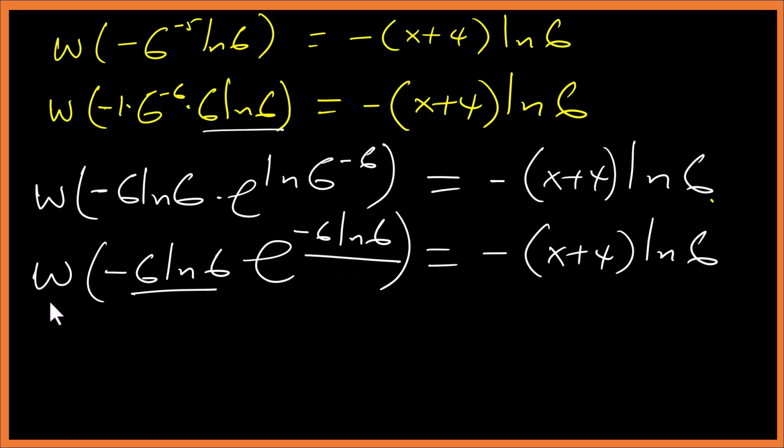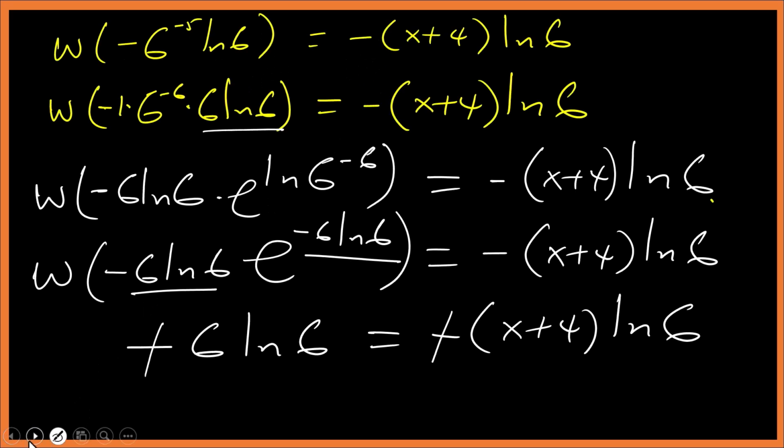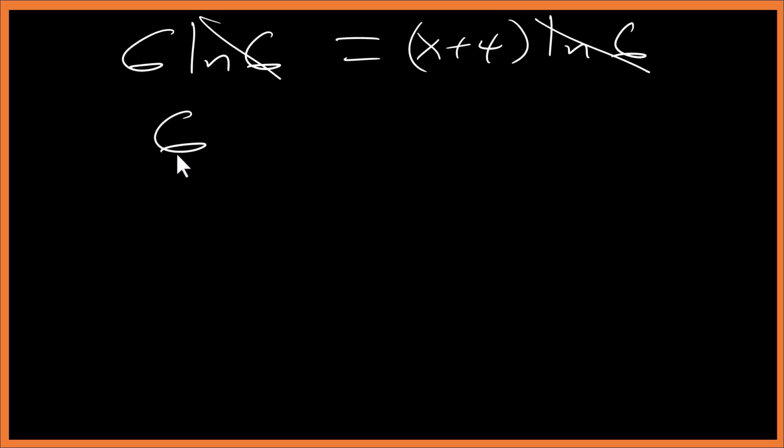Once we have the W function here, I'm left with minus 6 ln of 6 equals minus x plus 4 ln of 6. As simple as that. Since this equals that, this negative will cancel this negative. So I have 6 ln of 6 equals x plus 4 ln of 6. This ln of 6 will also cancel this ln of 6. I'm left with 6 equals x plus 4.